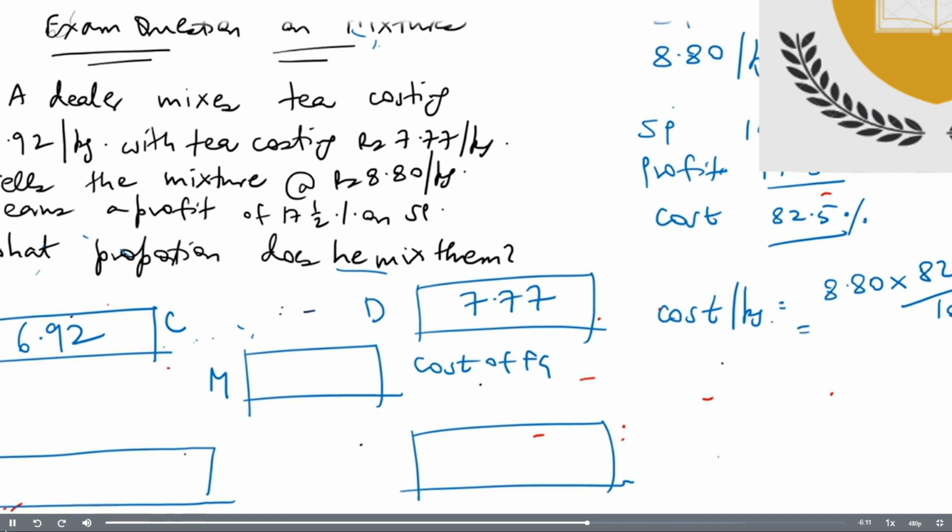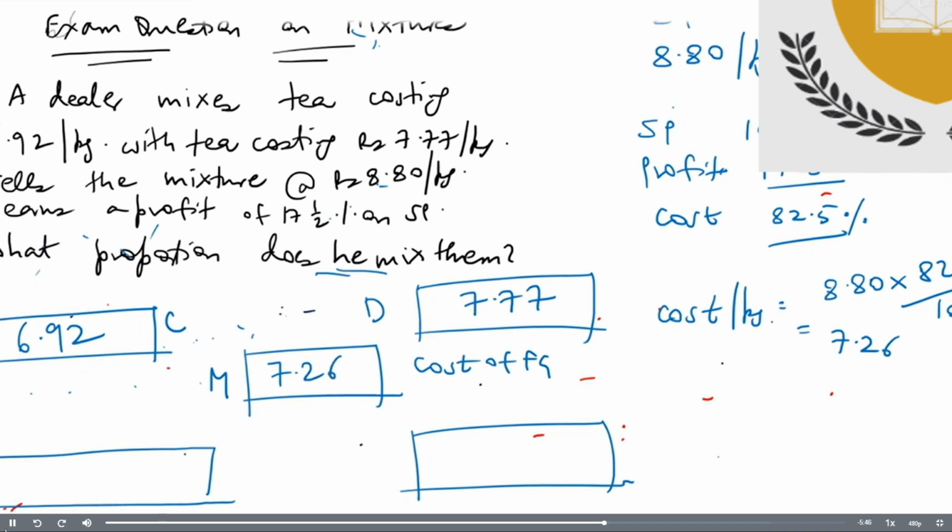That gives me 7.26 rupees per kg. That value is what I need to write down in the middle here.